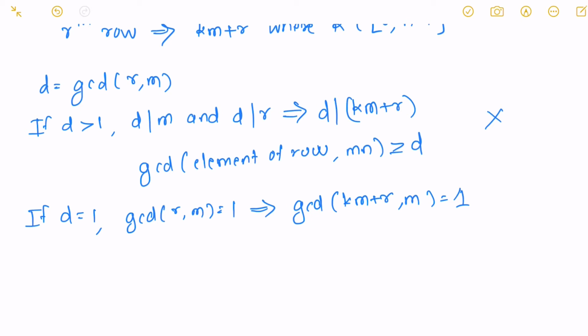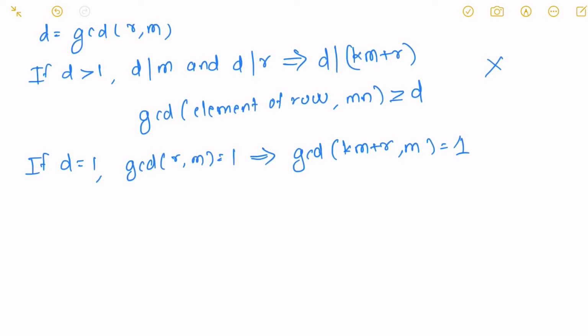What this means is that if for a row the GCD of the row index and m is 1, then every entry in that row is relatively coprime with m. So our answer should lie in this row itself, because we are looking for numbers which are relatively coprime with mn. That is, they should be coprime with m as well as n.